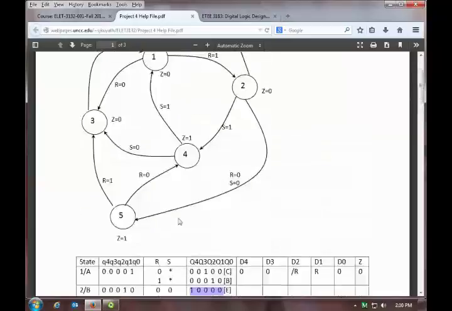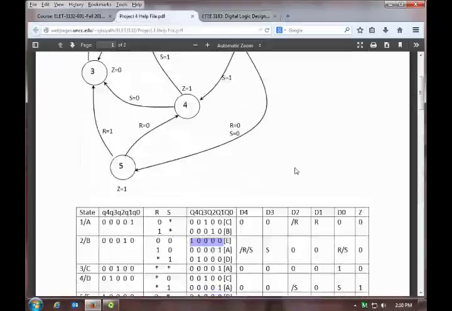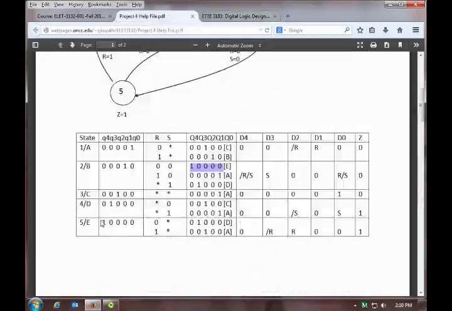But on this one, I said the outputs of the system are just the outputs of the flip-flops. Well, that would be these right here. And remember, the output's always associated with the current state.